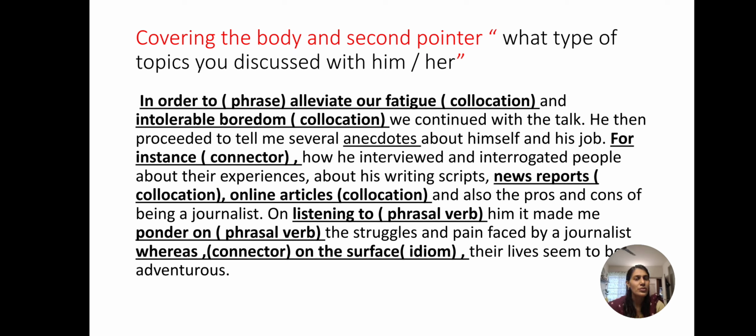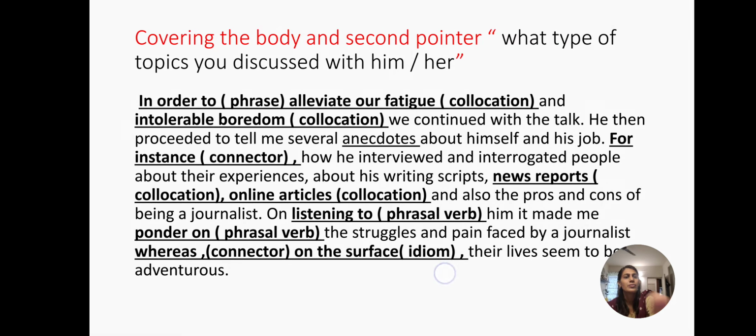He then proceeded to tell me several anecdotes about himself and his job. For instance, how he interviewed and interrogated people about their experiences, about his writing scripts, news reports, online articles, and also the pros and cons of being a journalist. On listening to him, it made me ponder on the struggles and pain faced by a journalist, whereas their lives seemed to be adventurous.